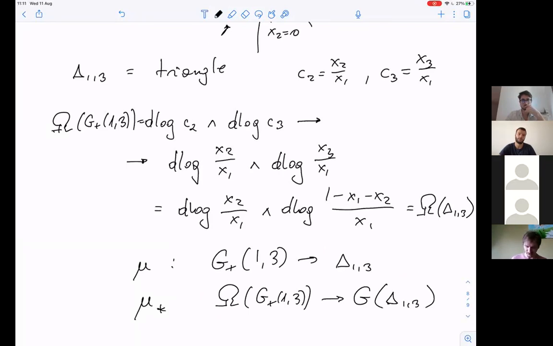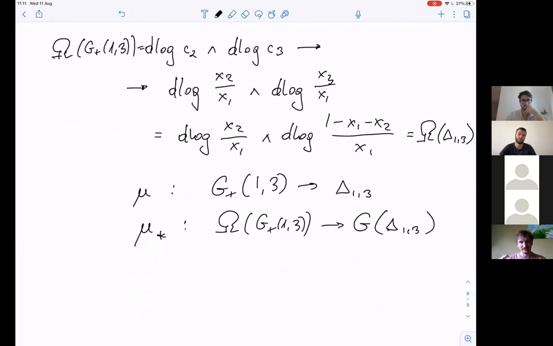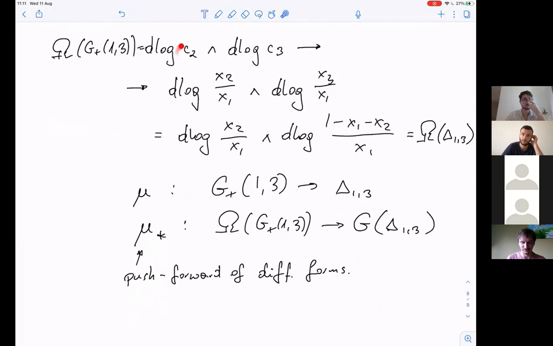And this procedure is an operation on differential forms, and this operation is called a push forward. It's a push forward of differential forms. So in our case, this push forward is very simple. It's just a substitution. We had C2 and C3 in terms of X1, X2, X3, and we just substituted and got the differential form of the image.